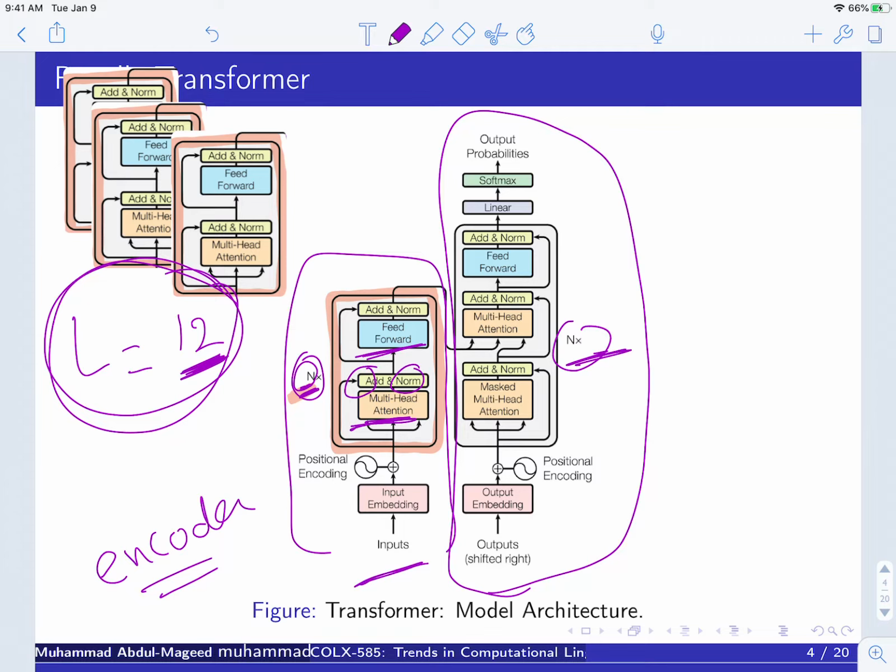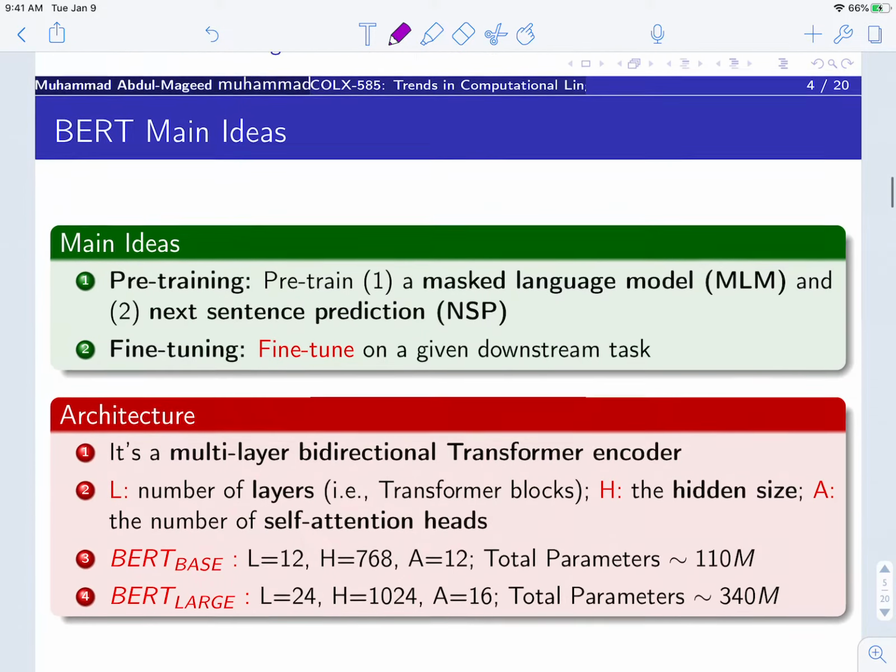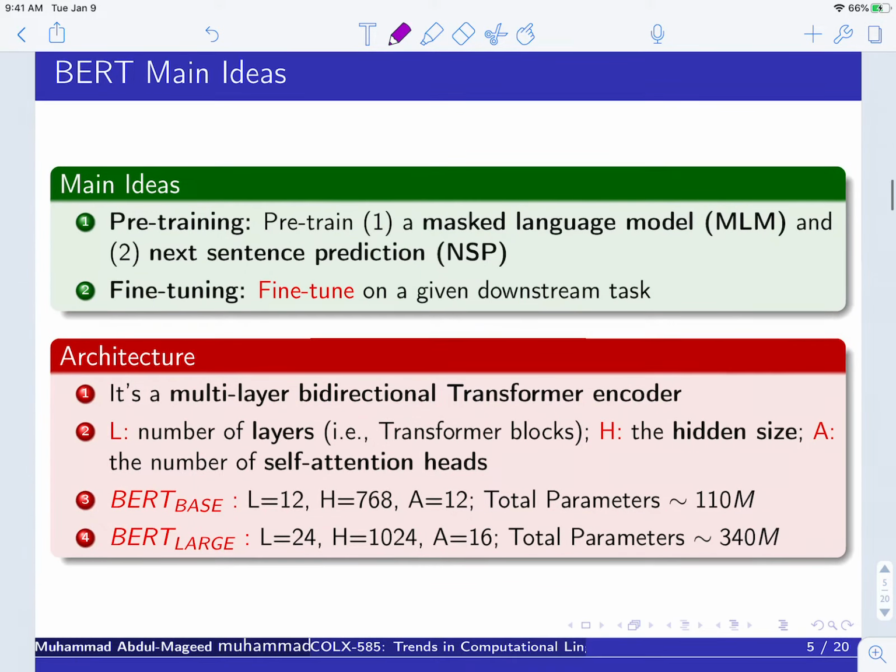So feel free to refresh your own memories about what these are by going back to the lectures on the transformer. Okay, so BERT is a transformer encoder, basically, and it has two main ideas. The first idea is a masked language model, which I talked about, and the second one is next sentence prediction.